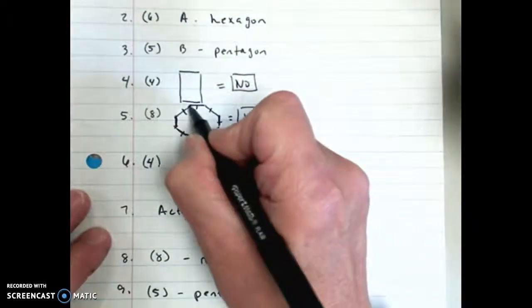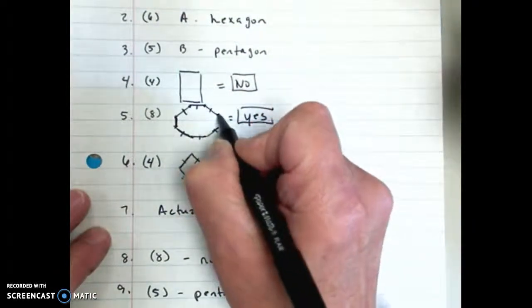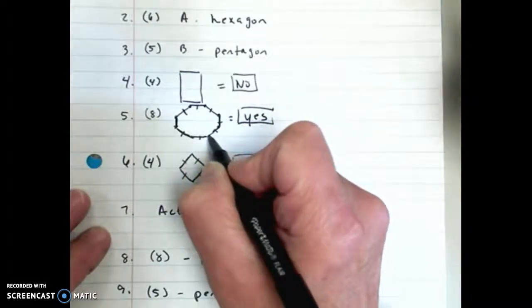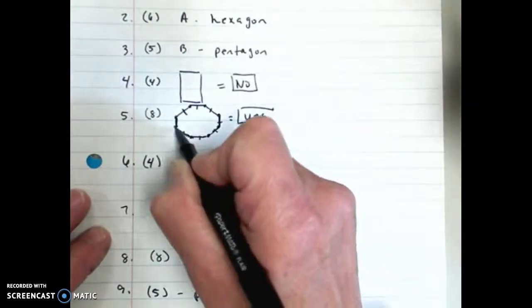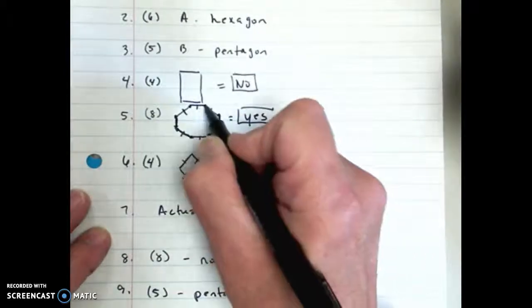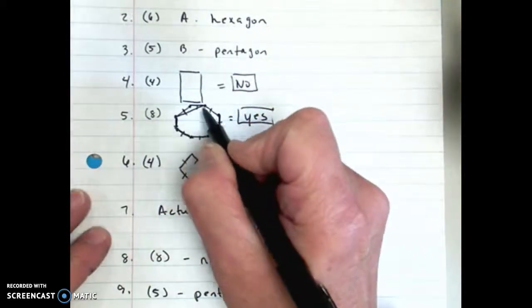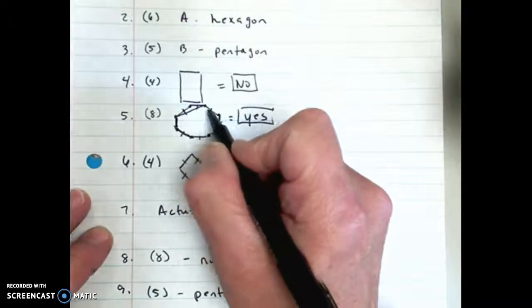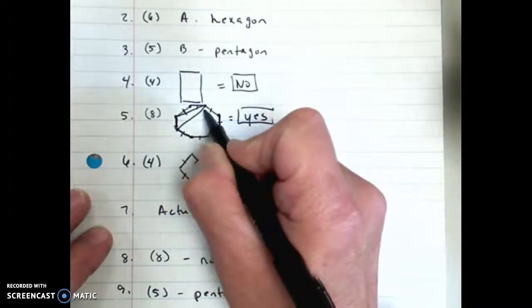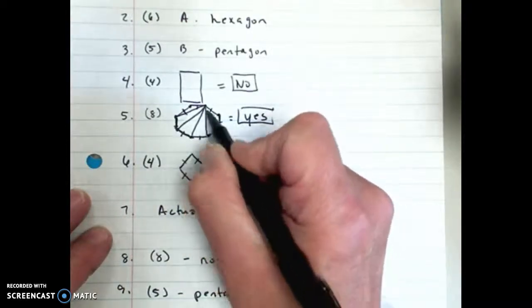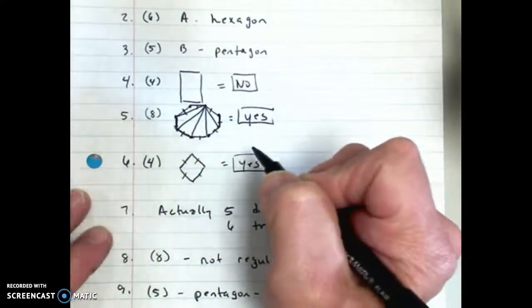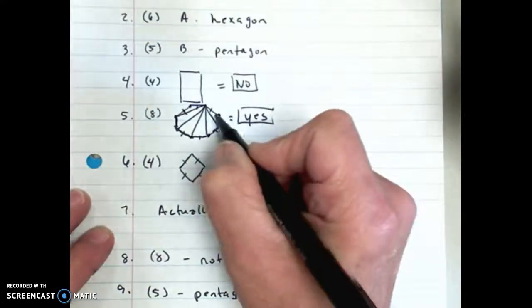If we take a look at our corners, this is a drawing of our regular octagon. If we draw from one vertex, we have 1, 2, 3, 4, 5 diagonals.